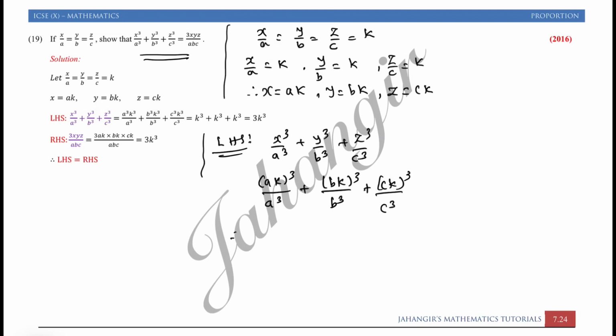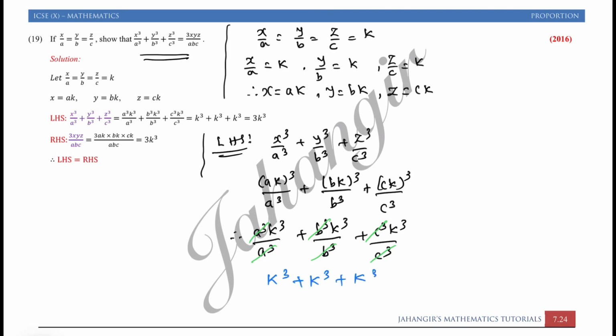So I can write therefore a cube k cube upon a cube plus b cube k cube upon b cube plus c cube k cube upon c cube. So let us cancel out. A cube will get cancelled, b cube will get cancelled, c cube will get cancelled. So left is k cube plus k cube plus k cube. So that can be written as 3k cube.